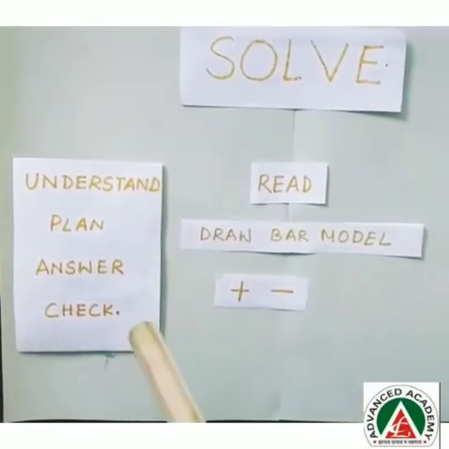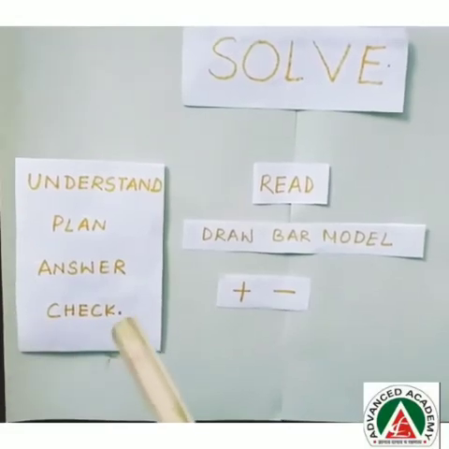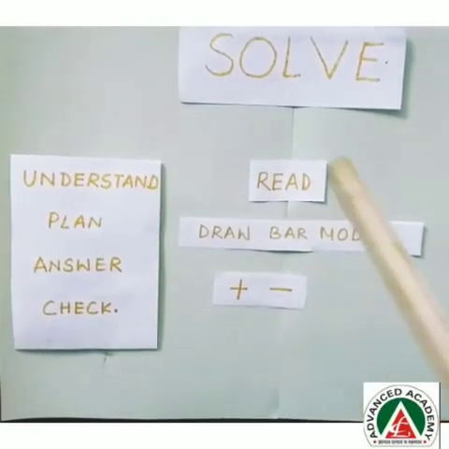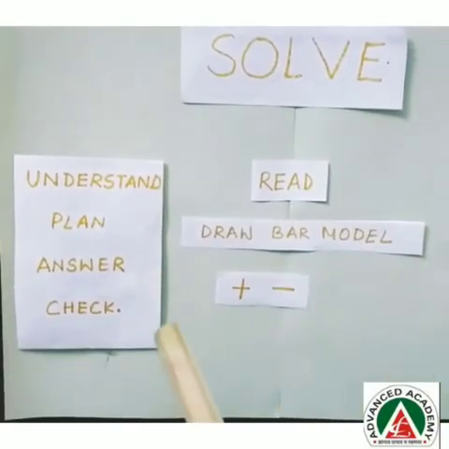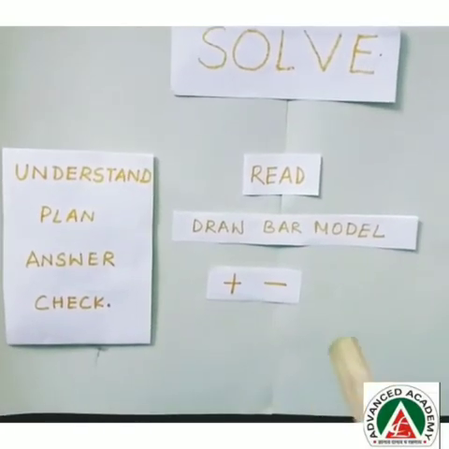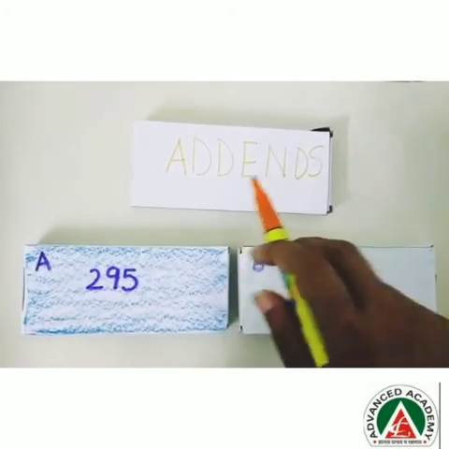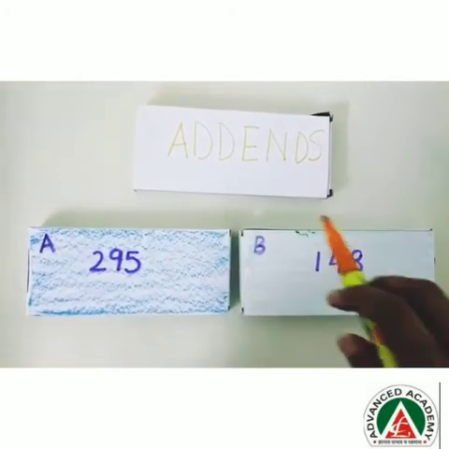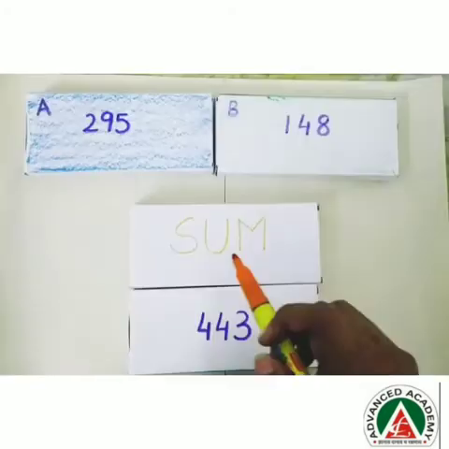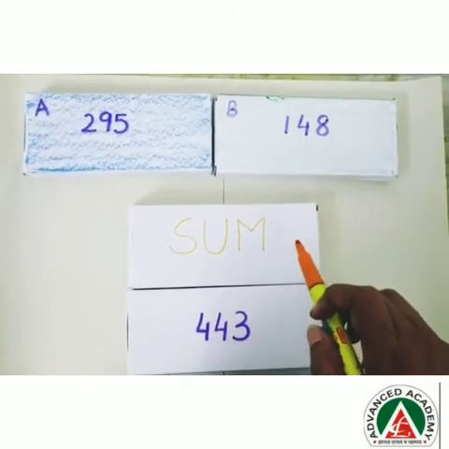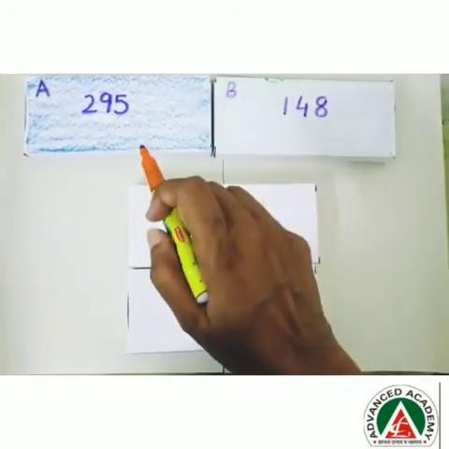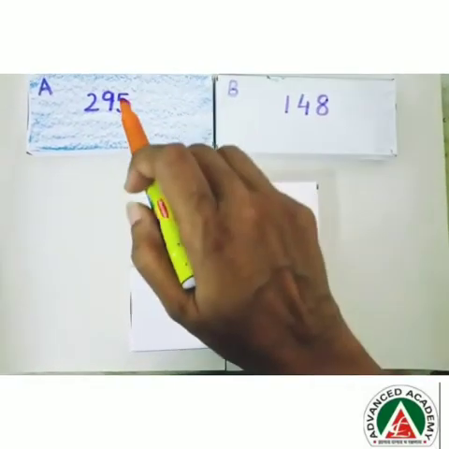Then check. Now, how will we check whether our steps are correct, whether our answer which is coming is correct? Here our addends are 295 and 148. And what is a sum? Sum is the addition of the numbers, addition of the addends.